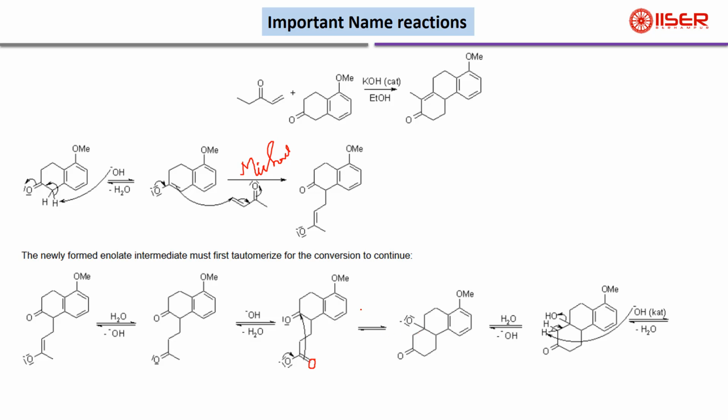This is similar to the aldol reaction, and after elimination of one molecule of water there is generation of a double bond, and it gives this as our product. So this is Michael followed by aldol, which is called Robinson annulation. This is one of the important ones.